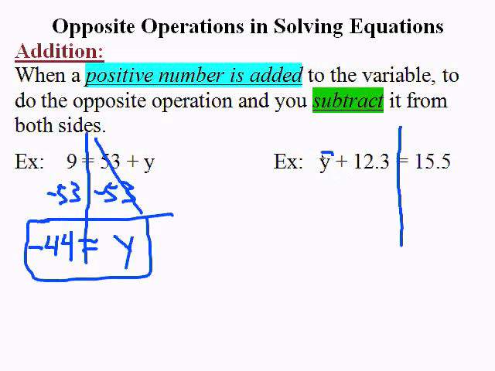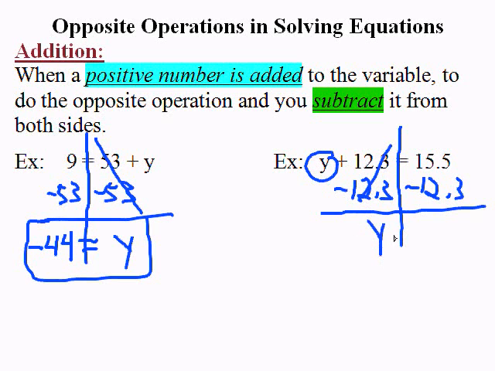To get the y by itself, in other words, we just want y right here, we're going to subtract 12.3 from both sides. 12.3 minus 12.3 is 0, leaving us with just the y equal to 15.5 minus 12.3, which should be 3.2. And there you have your solution, because y is by itself on one side with a number on the other. Check your solution. 3.2 plus 12.3 is indeed 15.5.